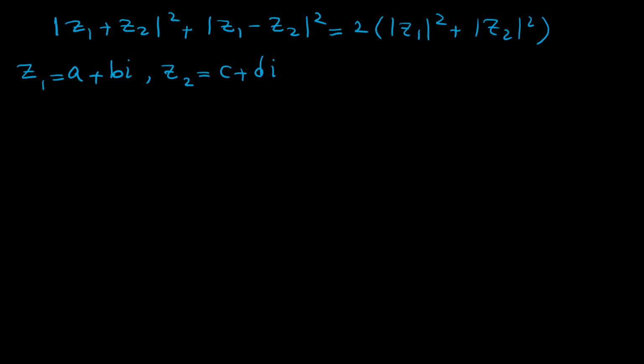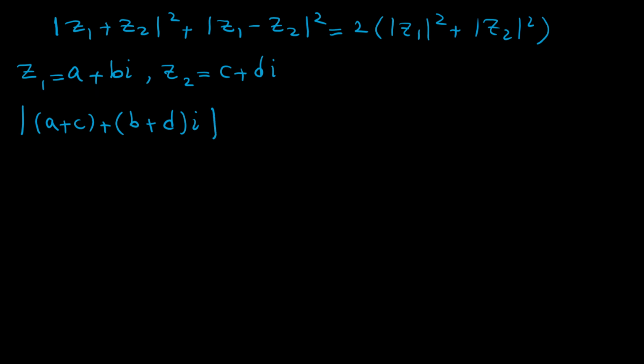Now we substitute these in two sides of this equation, and we will show that these two sides are equal to each other. If we substitute this in the left, we have absolute of z1 plus z2. What is z1 plus z2? It equals a plus c plus b plus d times i.